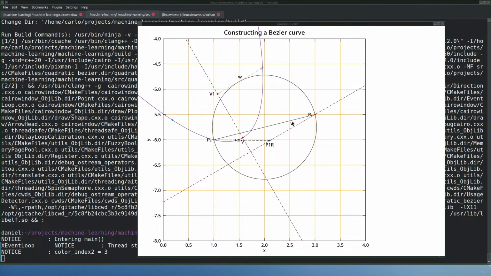So W must be equal to this distance, which means that S is 0, which means that P0 and P1, S is 0, no, S is a half. 2S minus 1 is 0, or 1 minus 2 is 0. S is a half. It means that P0 and P1 should be balanced. So the curve must be like this, the parabola, through P0 and P1.